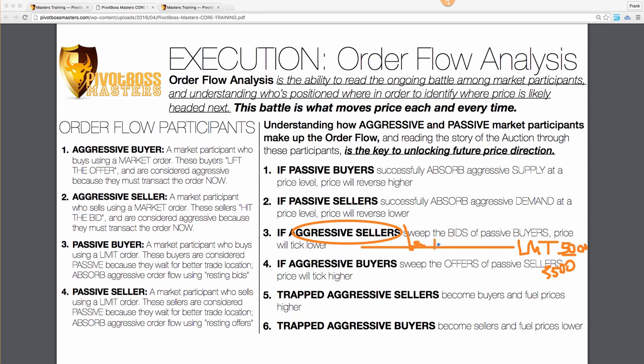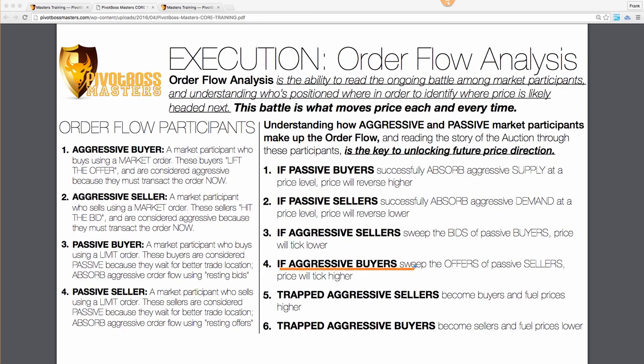Then another 1,500 contracts come in to sell here, and this limit order drops from 3,500 down to 2,000 contracts. And then perhaps a large 3,000 contract sell imbalance comes through and sweeps through this 2,000. Now you print down to the lowest level below it. So that's what's happening. It's eating away at those resting bids. When you sweep the bids of passive buyers, price will tick lower.